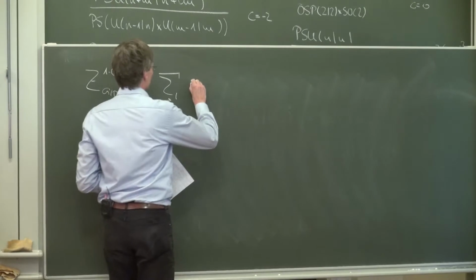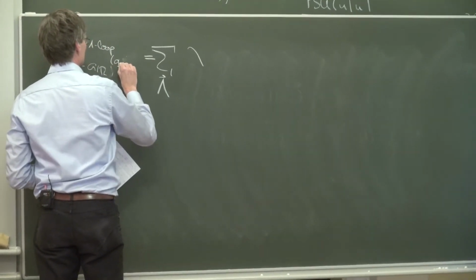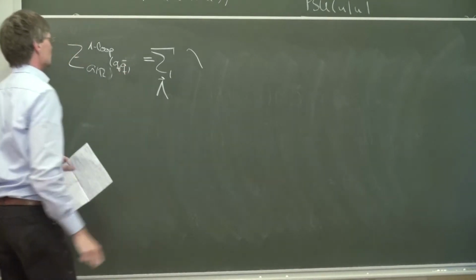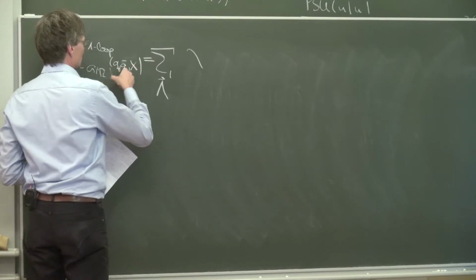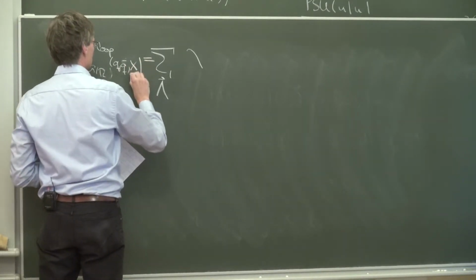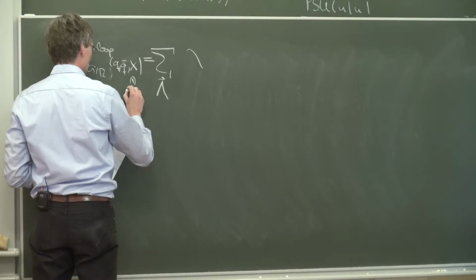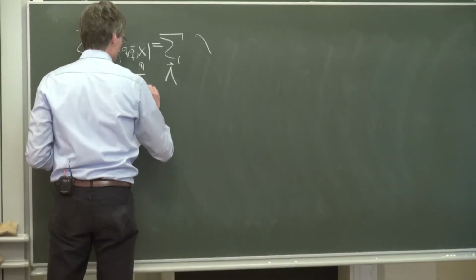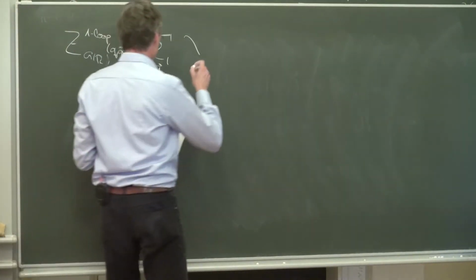What one does is compute the partition function as a function of q, q bar, the worldsheet variables, the things that are raised to L0 and L0 bar, and then X, which is an element in the Cartan torus of G. So it's a kind of specialized, or unspecialized, partition function.